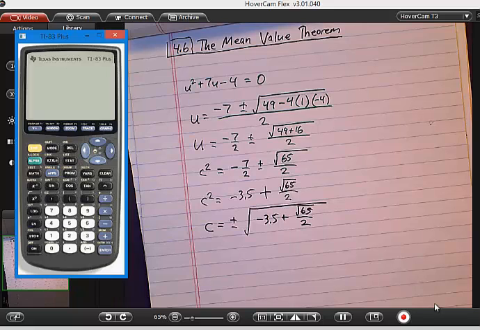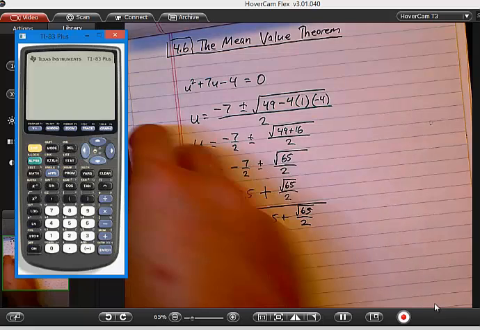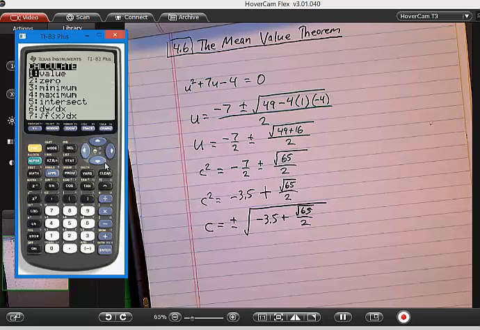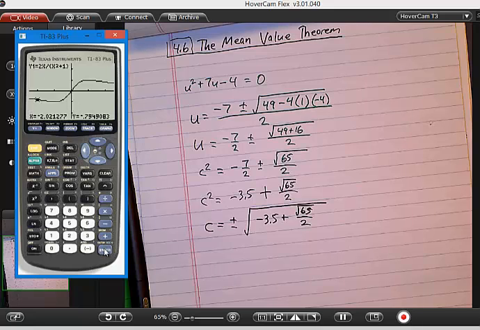0.4. Let's check that on the calculator and make sure that that's true. So here we go. I'm going to hit second calculate. Have I shown you guys this one? Choice 6? Yeah, but we didn't really work with it. Okay, well let's work with it now. It computes the derivative, but you have to give it which x value you want.